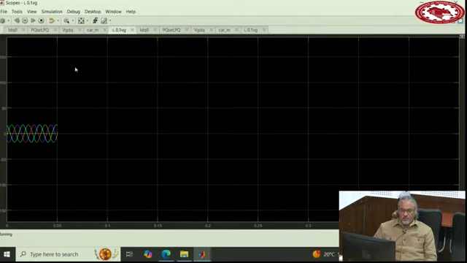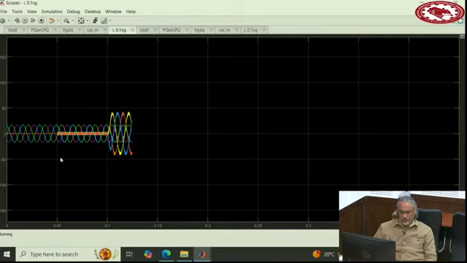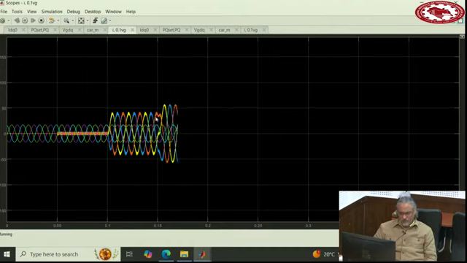So this is the result of simulation, initial synchronization, then starting of the converter. Set points are 0. And then here, real power set point to 10 kilowatt. So a current of about 40 amperes.